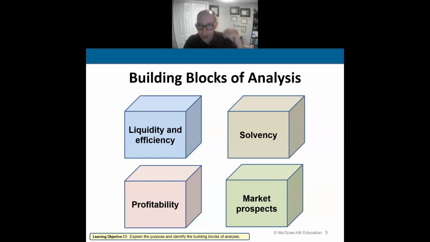There's short-term solvency and long-term solvency. But technically, it means, just as you said, Shanae, the company has the ability to pay all of its debt. The technical definition is the company has the ability to go out of business by paying all of its debt. That's solvent.